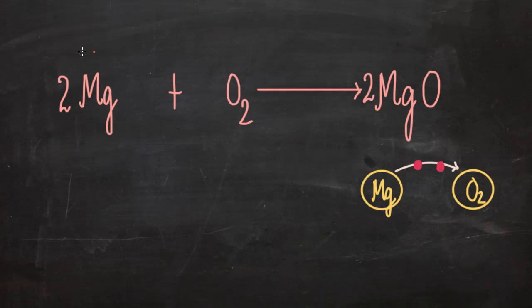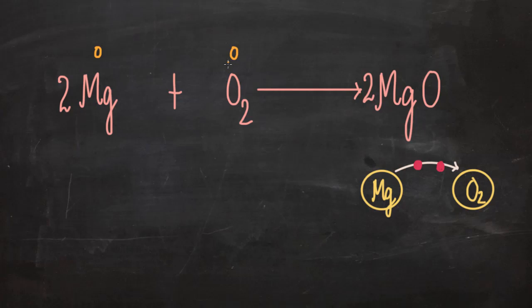Let's see the example of burning of magnesium ribbon in air or oxygen to form magnesium oxide. Can we write the charges on various substances? Yes, I can write the oxidation numbers. So magnesium, it is an atom. It has a charge of 0. O2 or oxygen is a molecule.